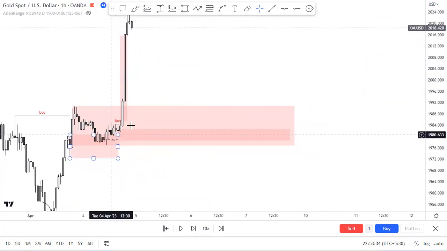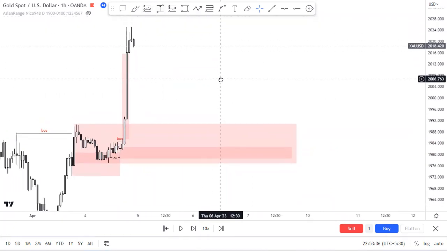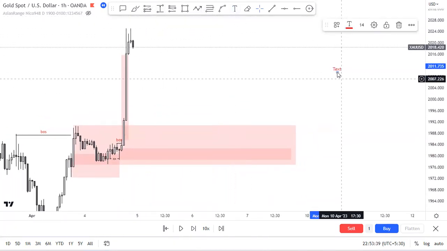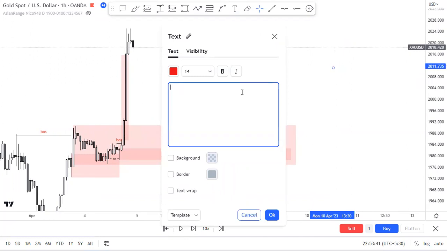Number 1 criteria. Is it a strong low? Yes, it's a strong low. Make your checklist here. Number 1, strong low. Number 2, imbalance. Number 3, formation of supply or demand failure. Number 4, formation of liquidity.